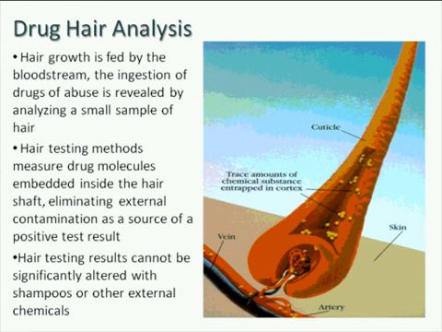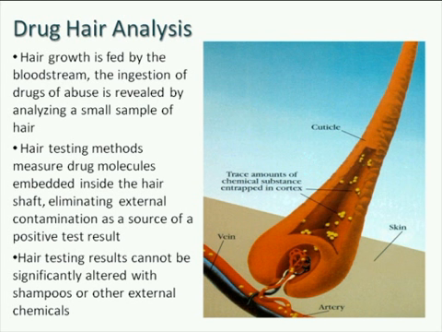It takes about 5 days for the hair to grow above the scalp. And with hair testing methods, they essentially wash the hair, melt the hair, and by melting the hair, they can get out those trace amounts of substances that are embedded within the shaft.